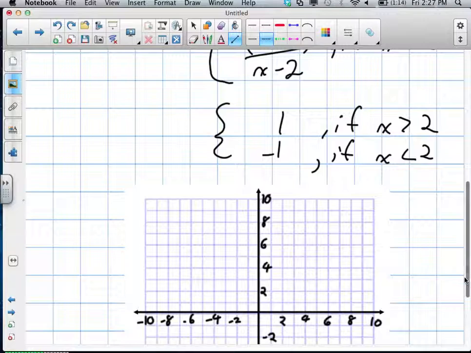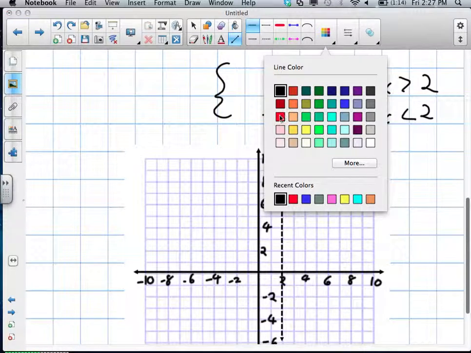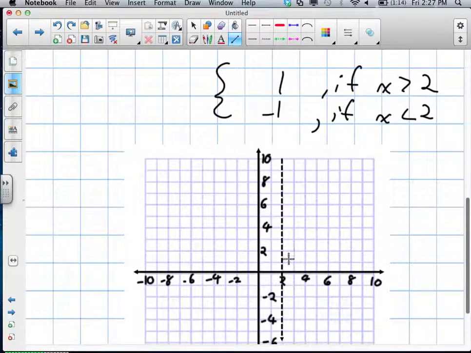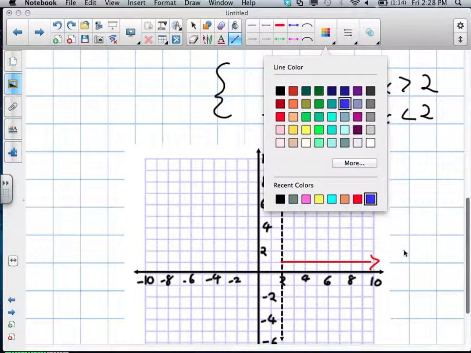We'll get rid of it after. But when x is the number 2, this is our cutting point. Our y value, or f of x, is equal to the value of 1. So we'll do that in red when we're greater than 2. So we're at the value of 1. And when the number is less than the number 2, we're at a value of negative 1.